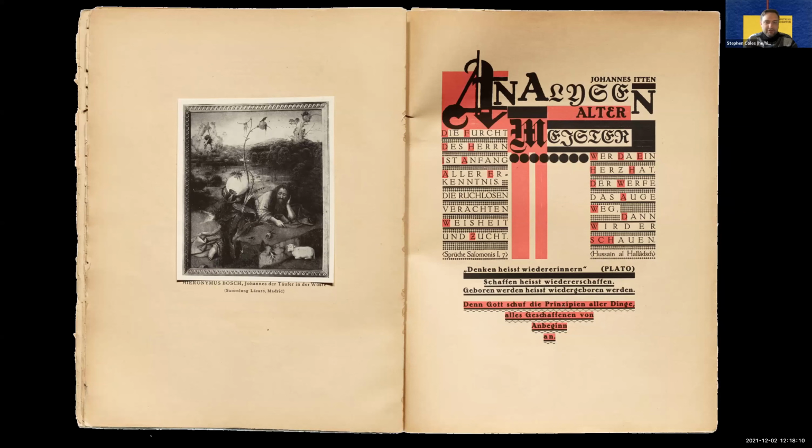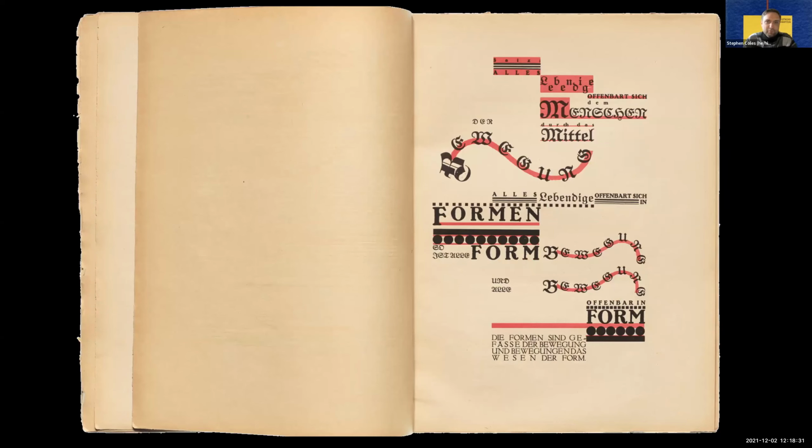And then you also have Friedel Dicker, who was a student of Itten's, rendering one of his essays into typographic compositions. And this is just an amazing feat, because what she's doing is taking these improvisational sketches and lettering, and she is transforming them on the letterpress with metal type.